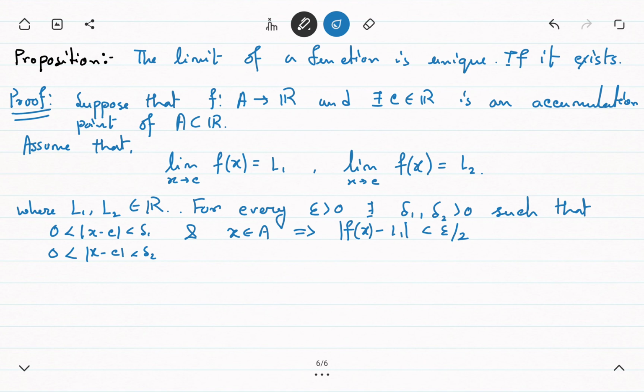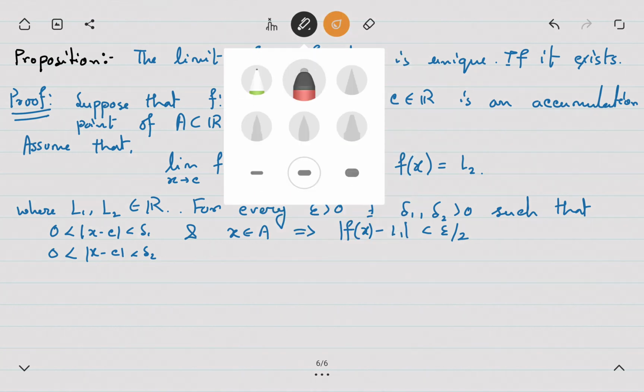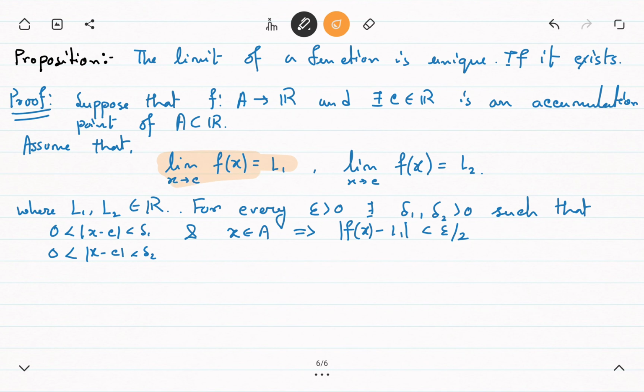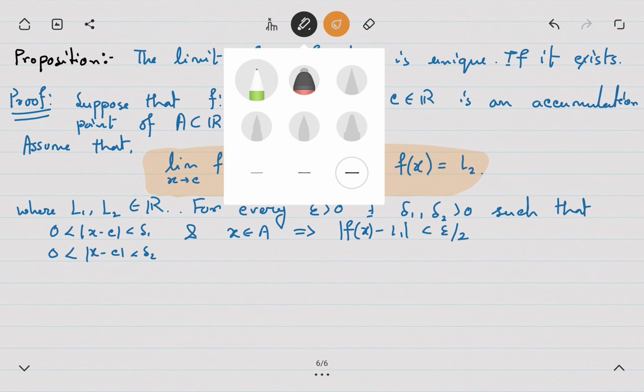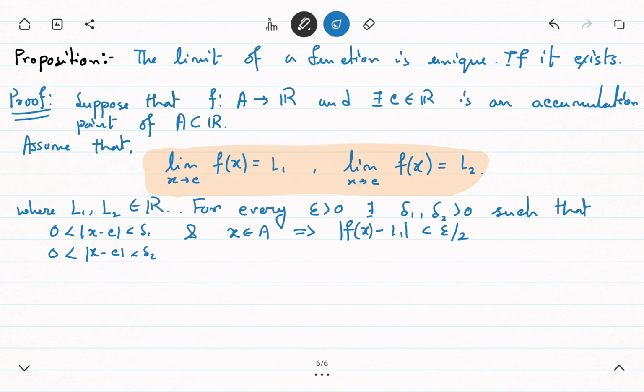As we are talking about the limit of a function, this setup is already known to us, so we can write it in a reverse manner. That's why we are writing in this fashion.